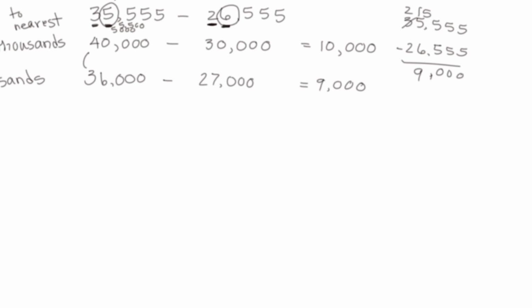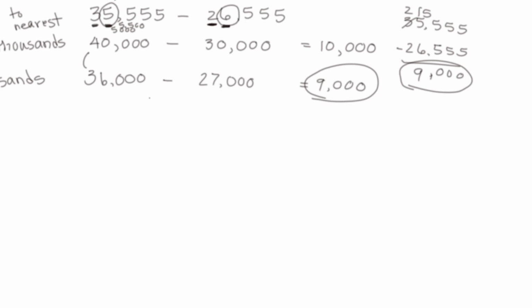So in this situation, our actual difference and our estimated difference are exactly the same. So rounding to the thousands gave us a more accurate or a closer estimate to the actual difference than 10,000s did. But the math is harder because we have 36 minus 27 now as opposed to 4 minus 3.